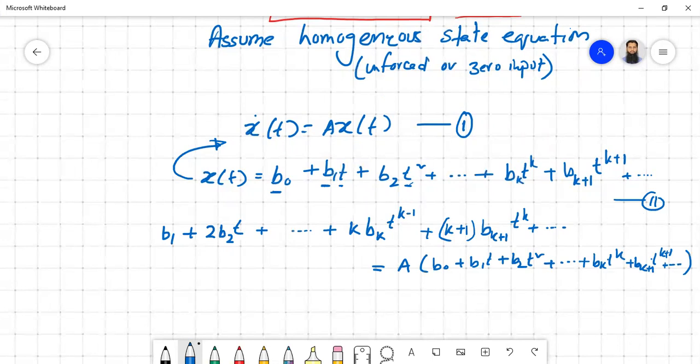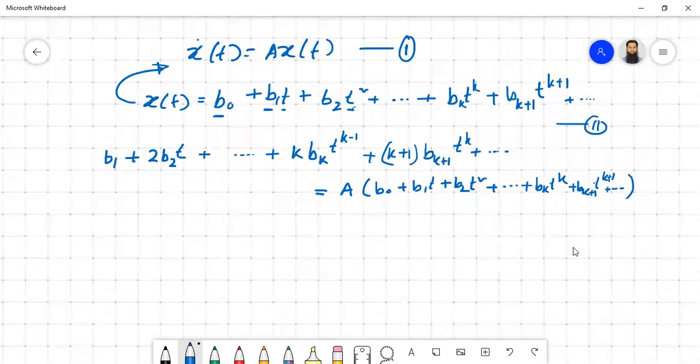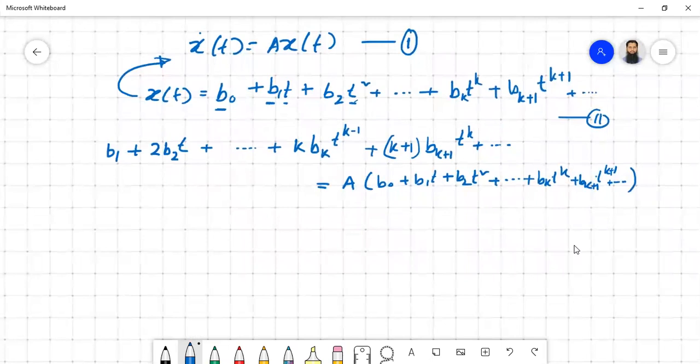Now on both sides, we have to equate the like coefficients.